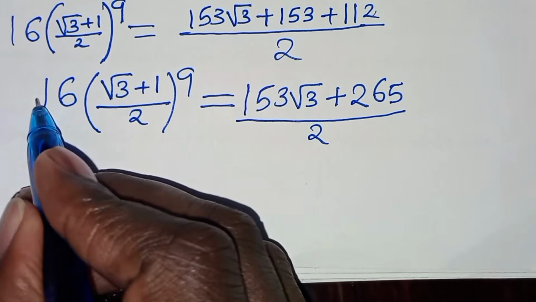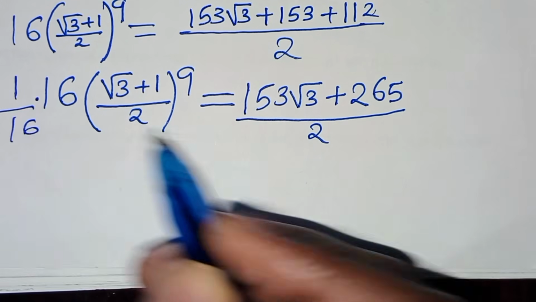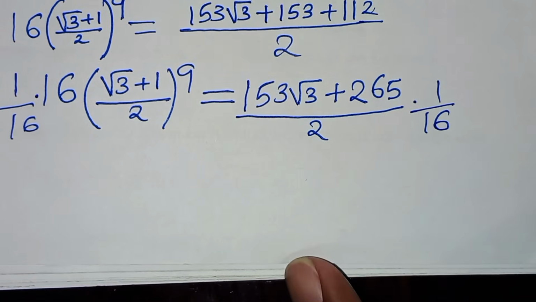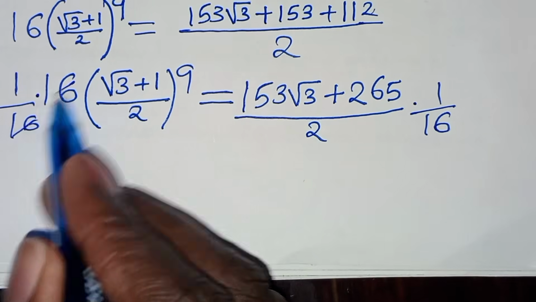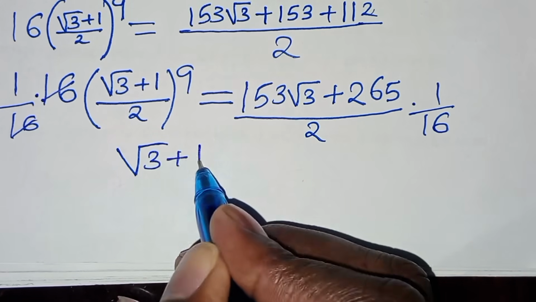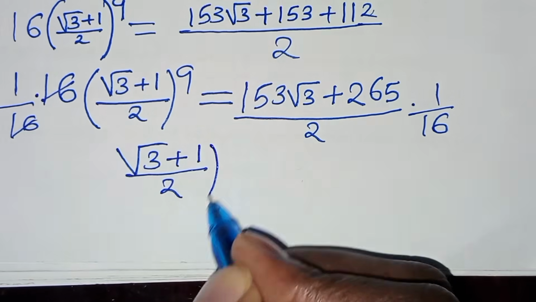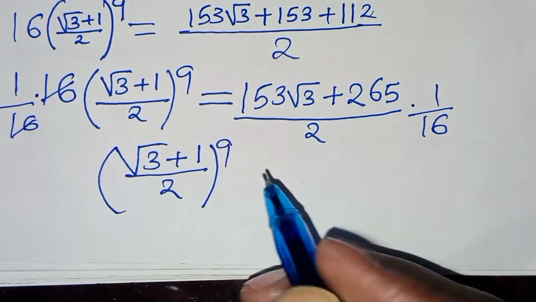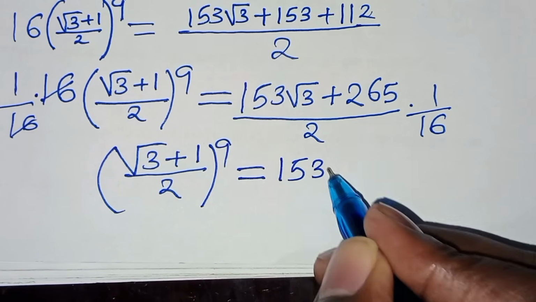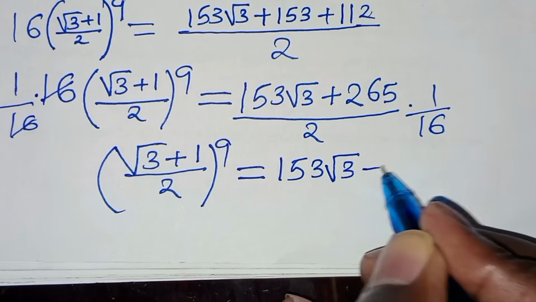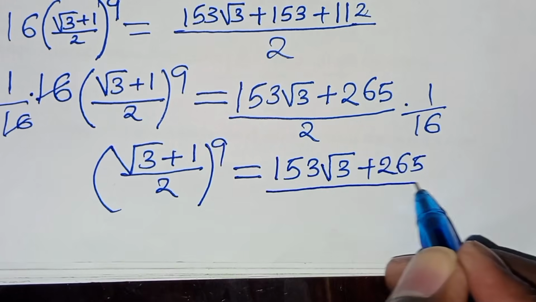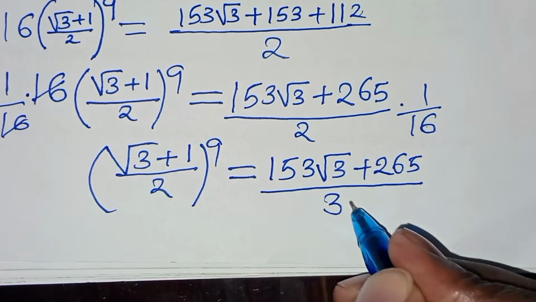So this means we multiply both sides by 1 over 16. So 16 and 16 simplify here. So that now we have square root of 3 plus 1 over 2 raised to the power 9. This will be equal to 153 square root of 3 plus 265 divided by 16 times 2, which is 32.